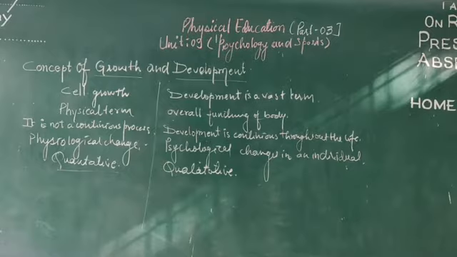Meaning qualitative. Now, if we talk about students, growth is a cellular process and it can be measured accurately, but development can't be measured accurately. Development is also possible without growth.